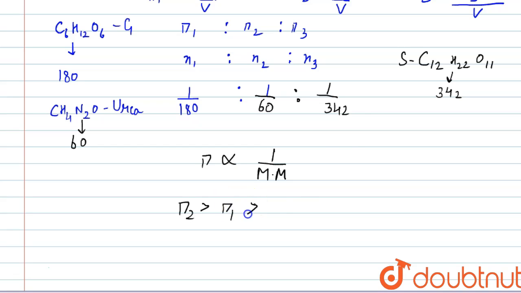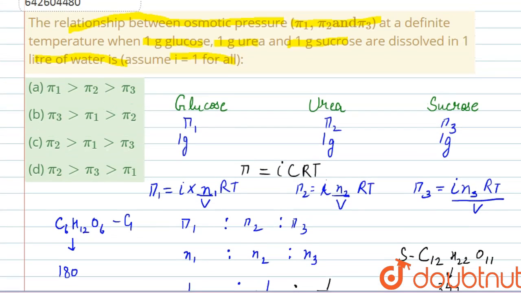And at last the molecular mass of sucrose is the greatest of them, that is 342. And if molecular mass is greatest, the value of pi corresponding to it will be the least. So this will be the order for osmotic pressures according to the options: pi 2, pi 1 and pi 3. Pi 2 will be the greatest. So option number C will be the correct answer.